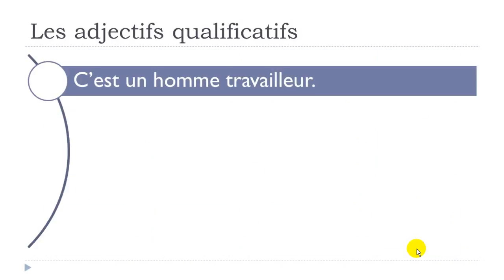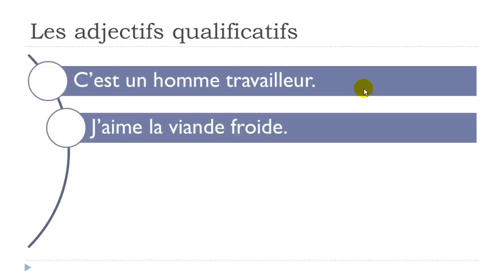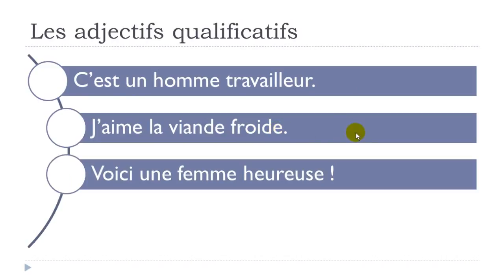Okay, but then, sorry, we've got some examples now. C'est un homme travailleur. J'aime la viande froide. Voici une femme heureuse.